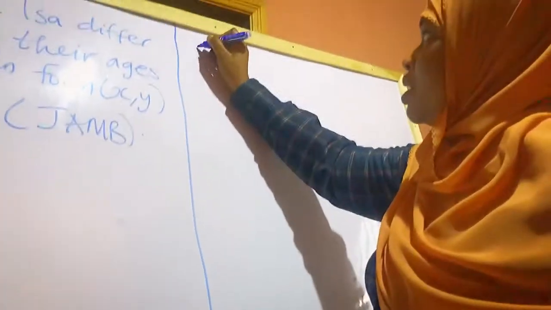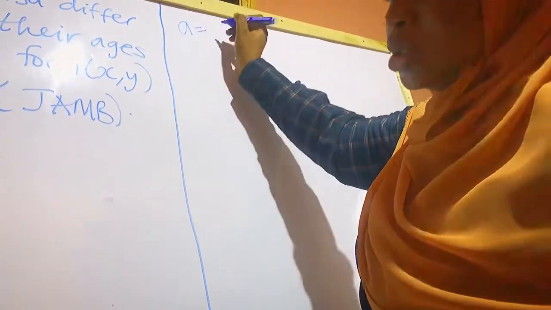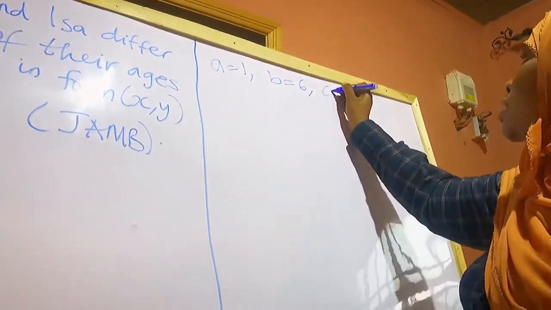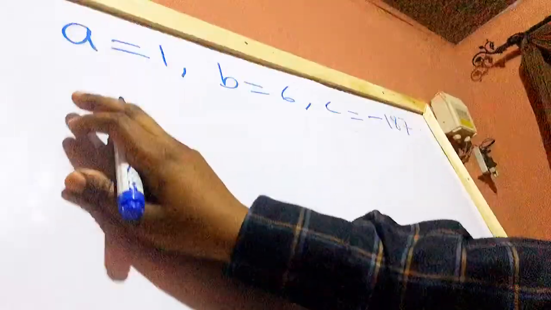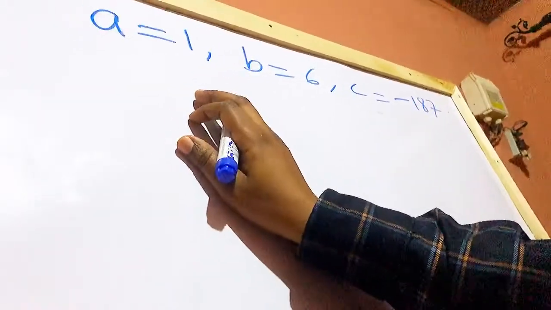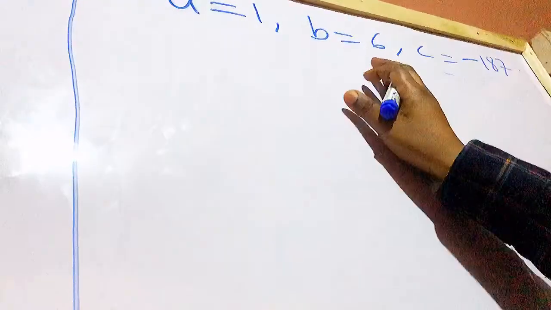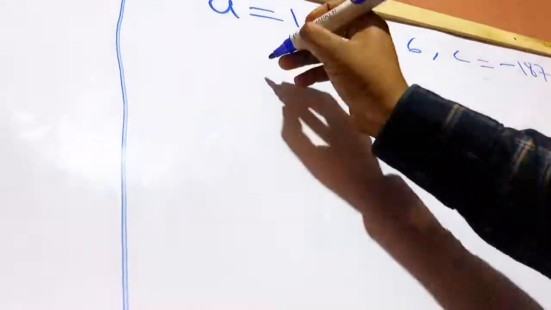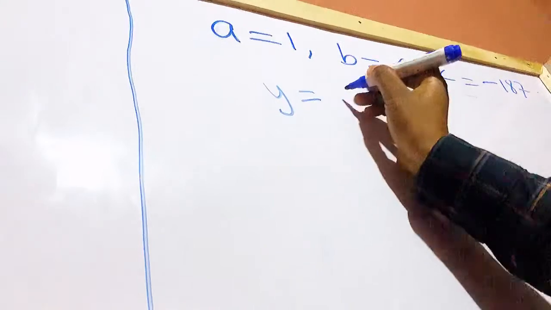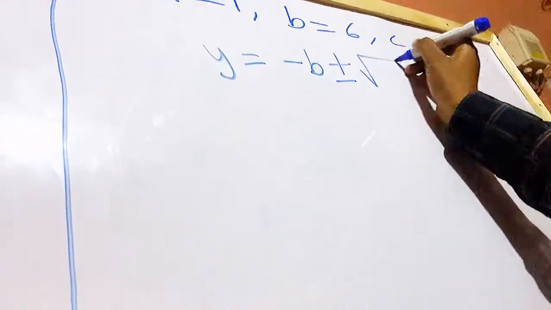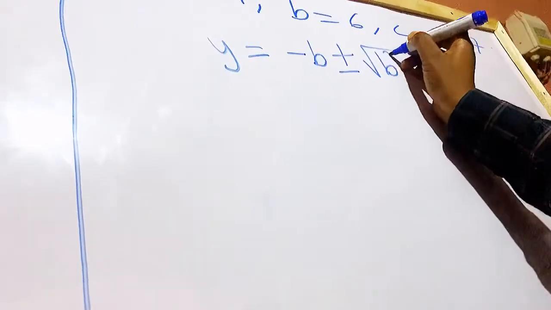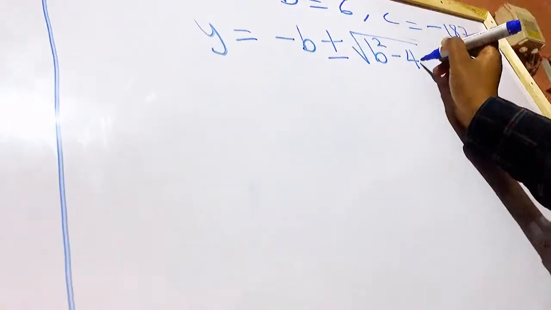Here a is equal to 1, b is equal to 6, and c is equal to minus 187. Since we are writing in terms of y, we need to write the equation in terms of y instead of x. So y is equal to minus b plus or minus square root of b squared minus 4ac.